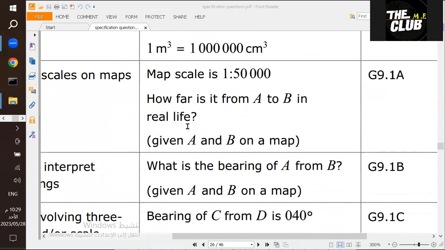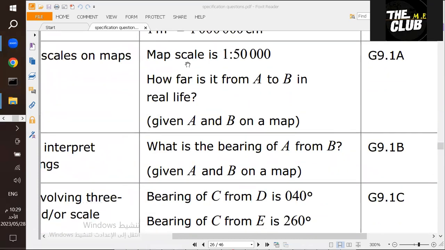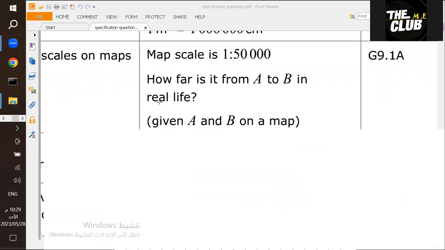Map scales, of course, map scales. We talked about this a lot. Map scale is 1 to 50,000. As I said before, if the map scale doesn't have a unit, it means it's in centimeters. How far is it from A to B in real life, given A and B on the map?